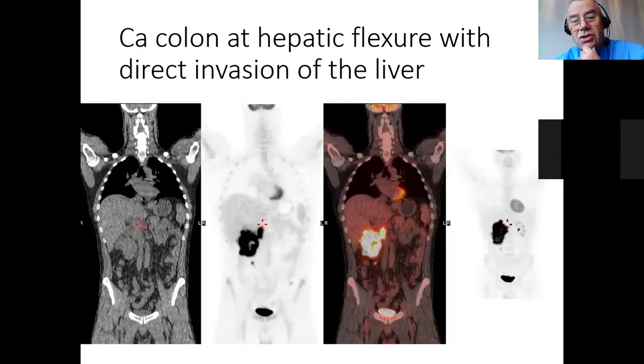This is a patient who we weren't sure what was happening, but this patient had a primary in the ascending colon by their hepatic flexure. And here you can see intense uptake in the primary tumor, but it actually has directly invaded the liver. So this patient had a sort of large operation, in which they took out the primary, and there's a little lymph node here, a mesenteric lymph node, which they also removed.